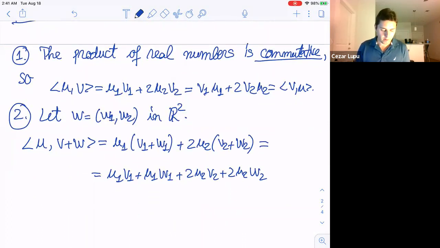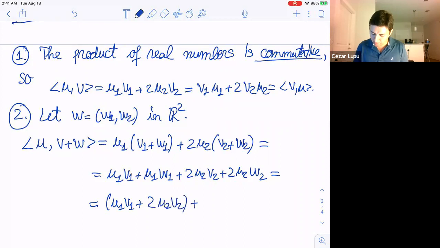Right? And now let's group them together. Let's do this in a smart way. So we'll have u1 v1 plus 2u2 v2, plus u1 w1 plus 2u2 w2. Well, guess what?